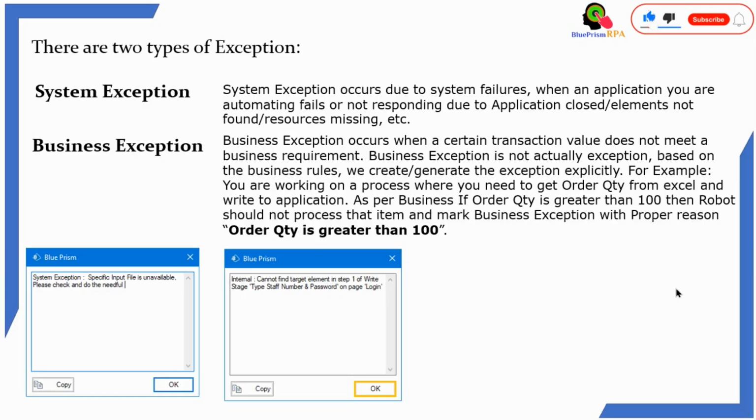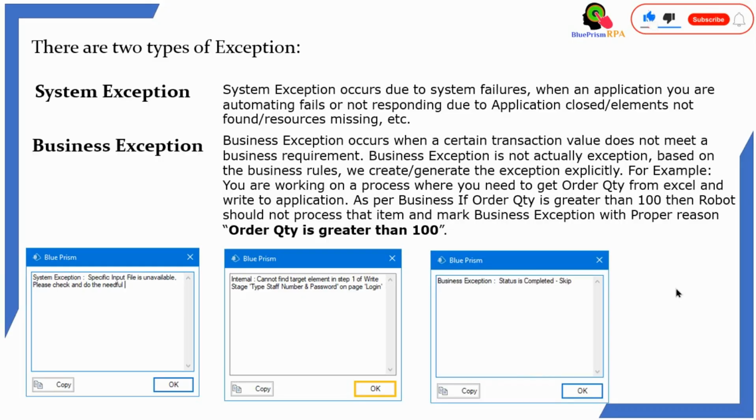The robot should skip that item and mark that specific item as a business exception with the proper reason. And the reason can be like we cannot take more than 100 orders, or order quantity is greater than 100. You know, a system exception will automatically throw an error, but a business exception, we have to throw this error.